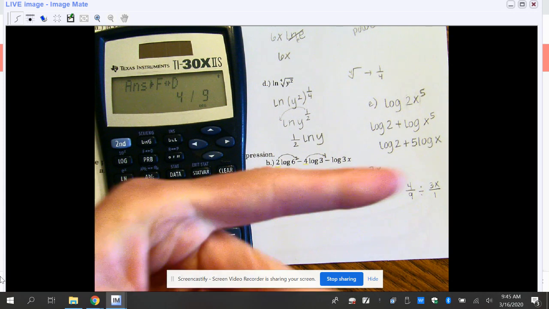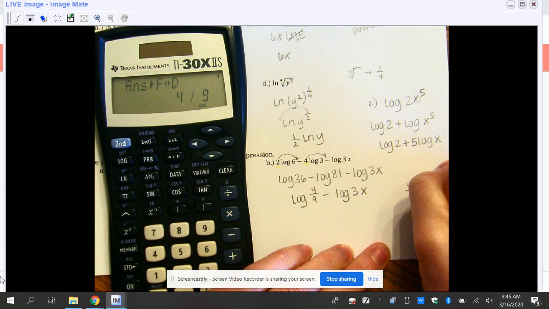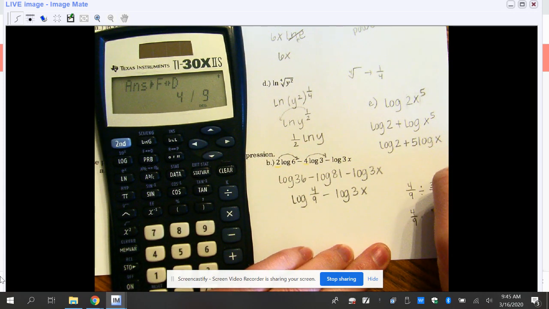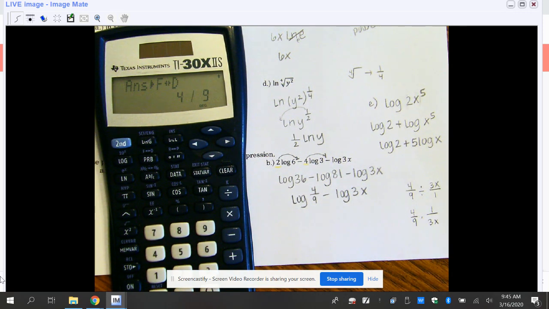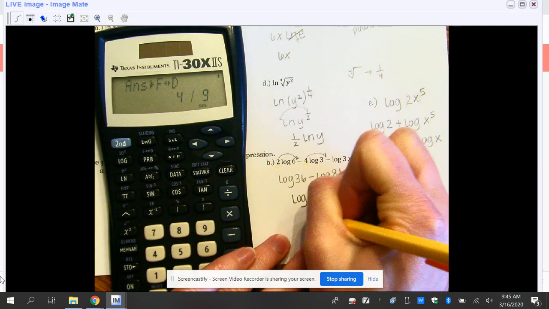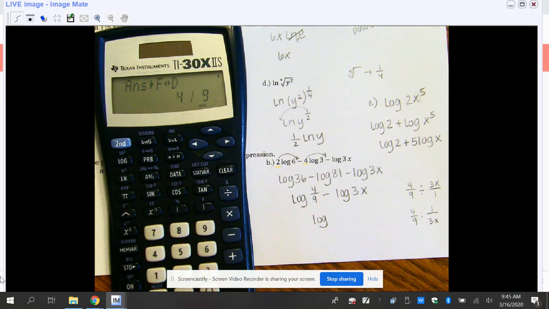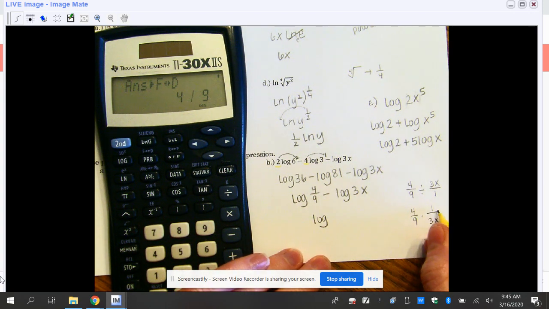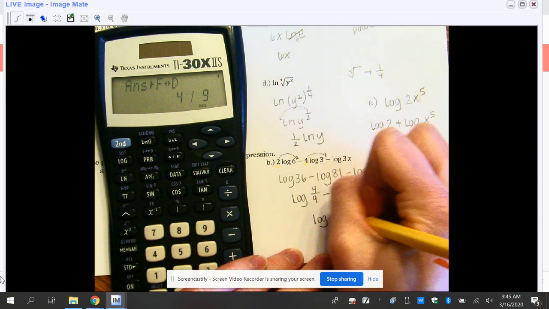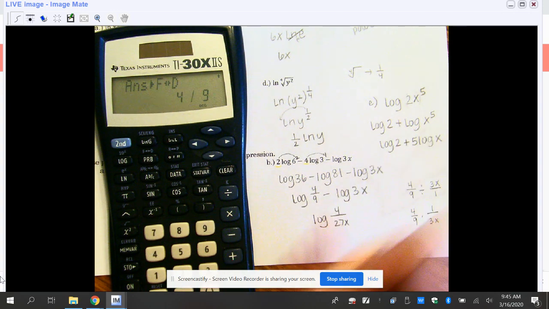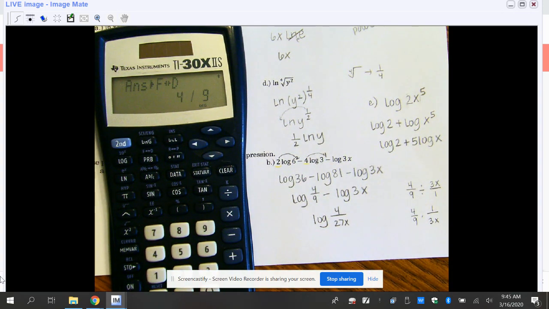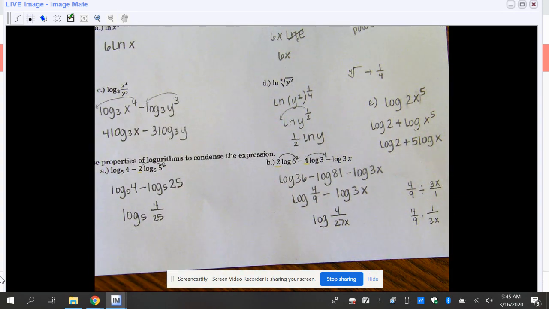So this is really 4/9 times 1 over 3x. And now when we multiply fractions, you multiply straight across the top and straight across the bottom. So that's going to make my final answer here the log of 4 over 27x. Okay. And that would be my final answer here.